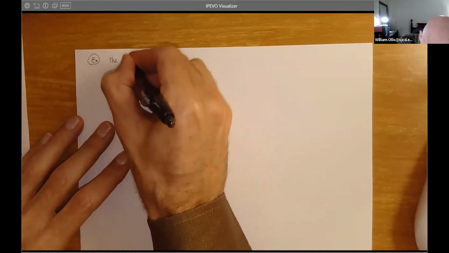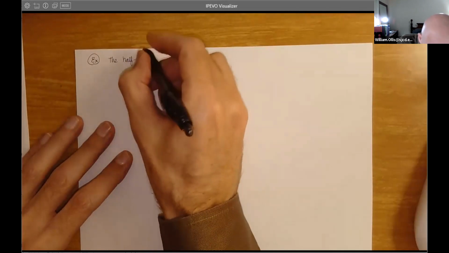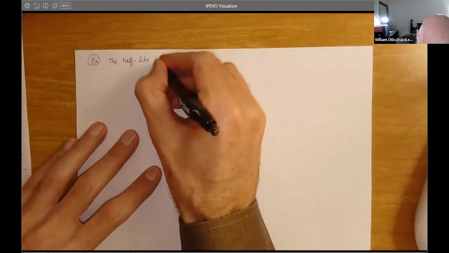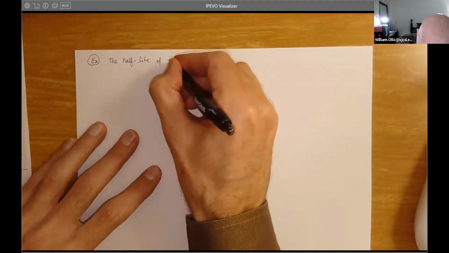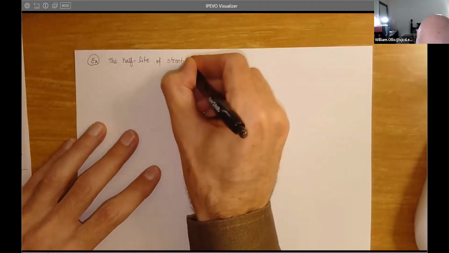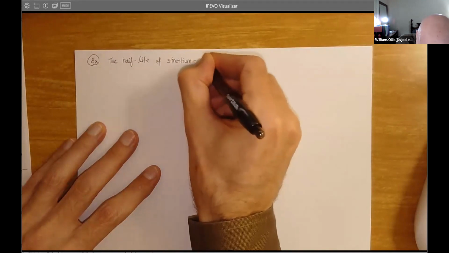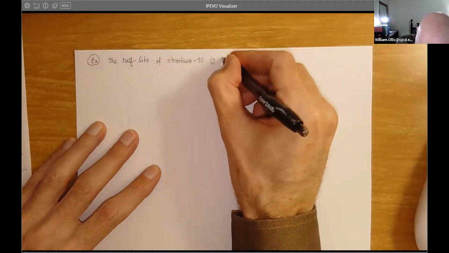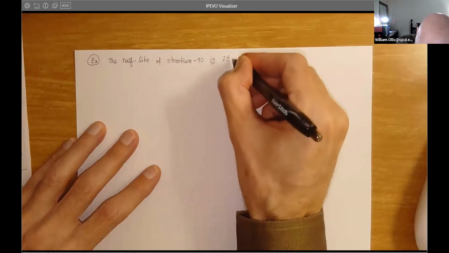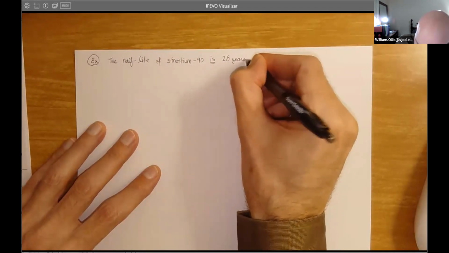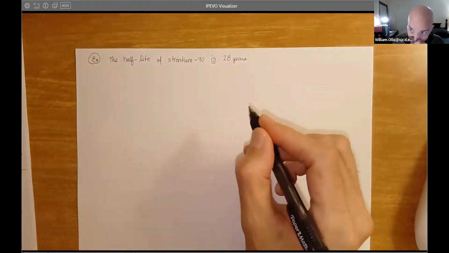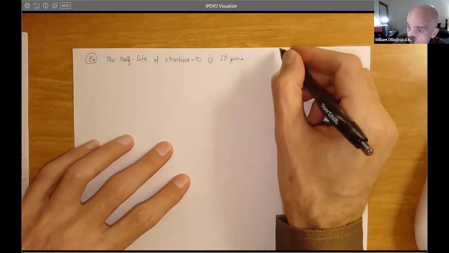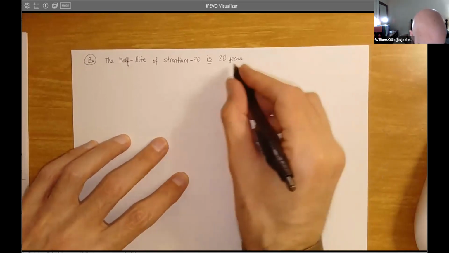The half-life, those of you biology scholars will know what I'm talking about, and chemists also, of strontium 90, and this is not a very long half-life like carbon-14 or something, is 28 years. When you think of thousands of years, that's why archaeologists like certain radioactive compounds that have really long half-lives. Is 28 years.